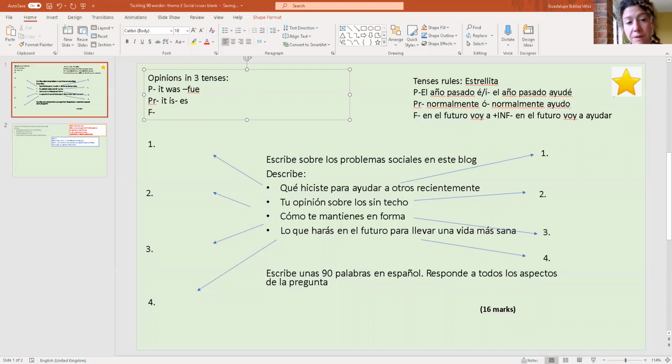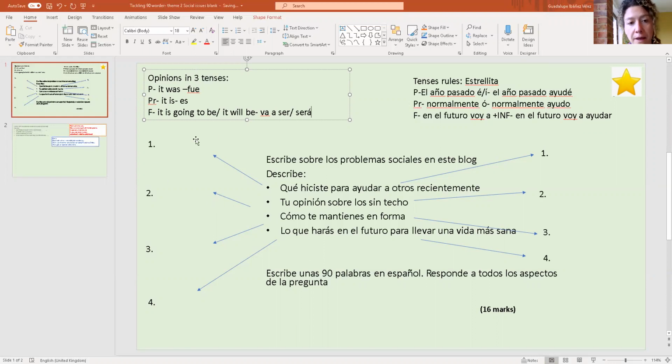We've got the immediate future, so it is going to be, va a ser, or it will be, será. And I like to write both of them because you could use them both and show that you are confident with either.